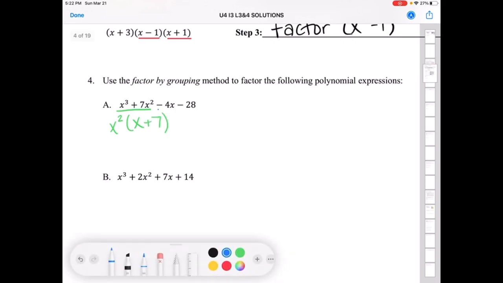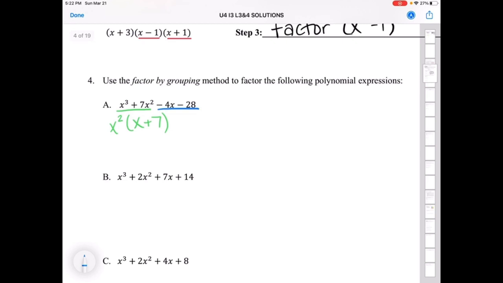Now I'm going to go to my second two terms, and they don't share any variables, but they do share a number. They could both be factored out by 4. So if I have negative 4, then I'm going to be left with x plus 7 in this parenthesis as well. Because if you multiply that in, negative 4 times x is negative 4x. Negative 4 times 7 is negative 28. Be careful with your signs.